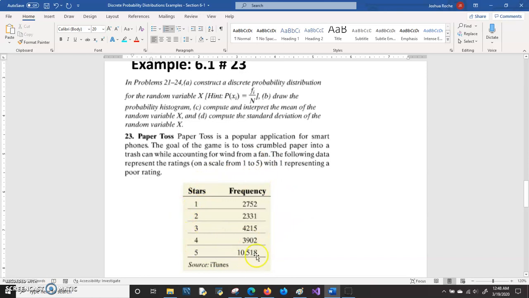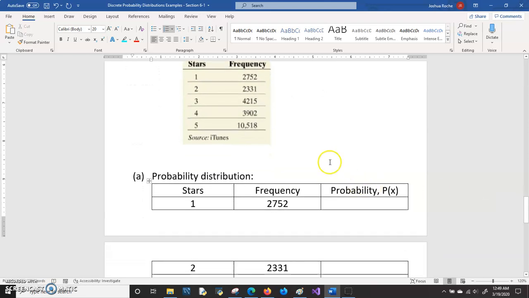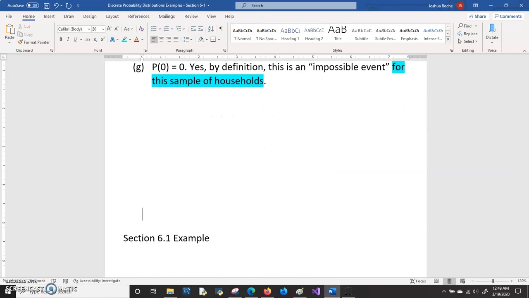So with this table, the first thing that we'll want to do is construct a probability distribution for the random variable. So a probability distribution for the number of stars. I went ahead and started to draw out that table.